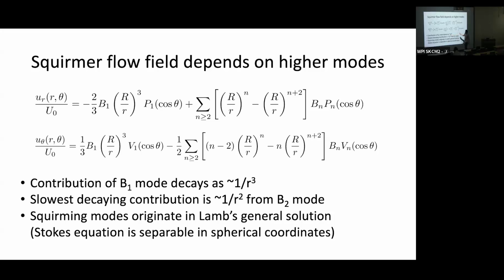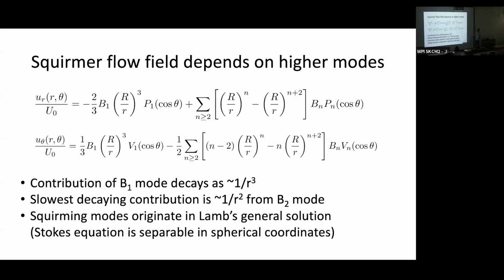And then you go over here, and you see that the velocity contribution of B2 decays as 1/r, more slowly. So B2 also has a special role because it gives you the slowest decaying contribution to the flow around the squirmer. So B2 is very important because if you want to understand interactions between squirmers mediated by the fluid, you want to consider B2.